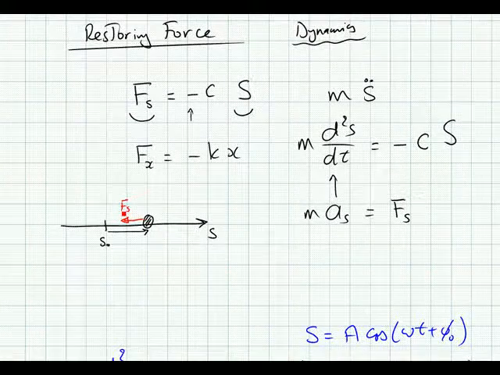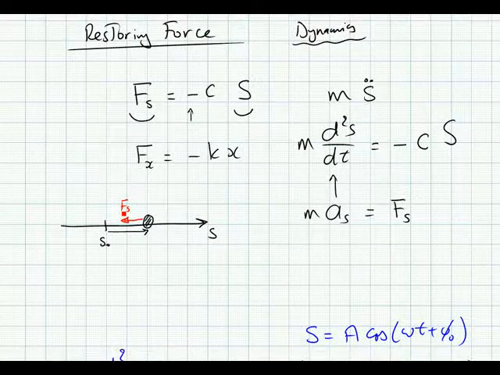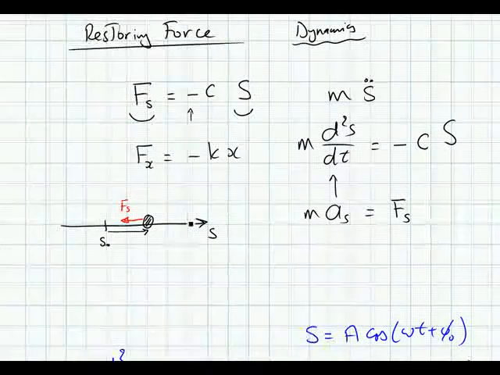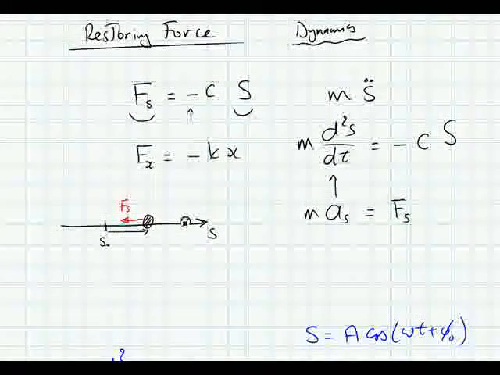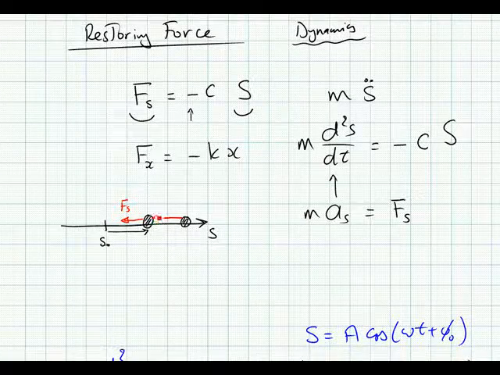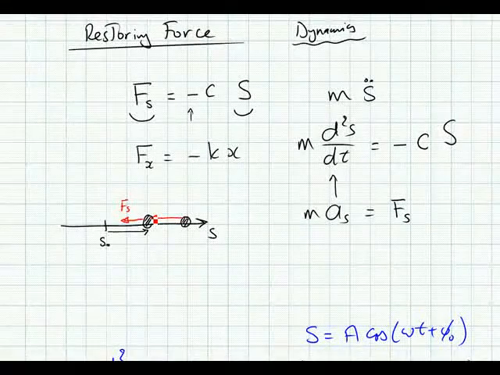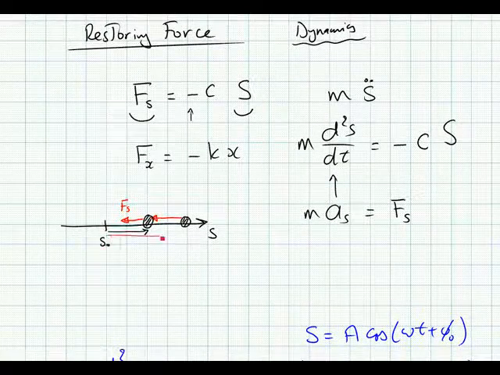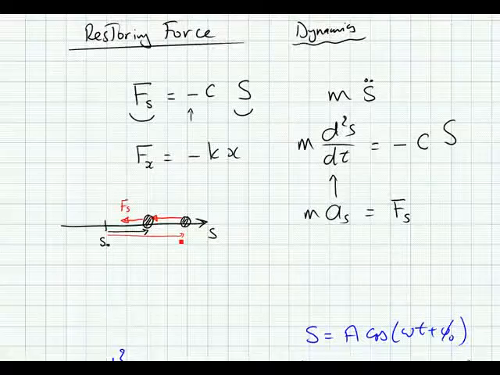So our Fs here is negative, pointing towards the equilibrium. When the object is further out along the s-axis, then Fs is still negative and even bigger than it was in the previous case, because the displacement is now greater.